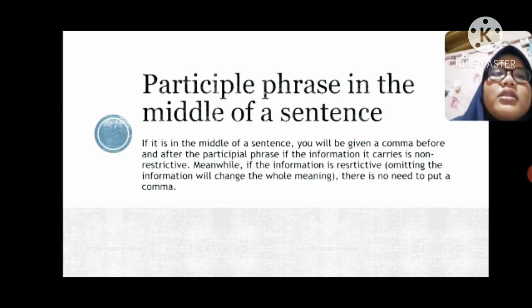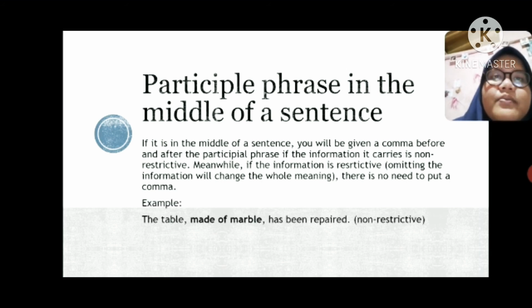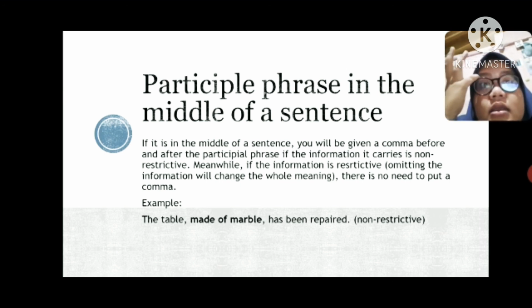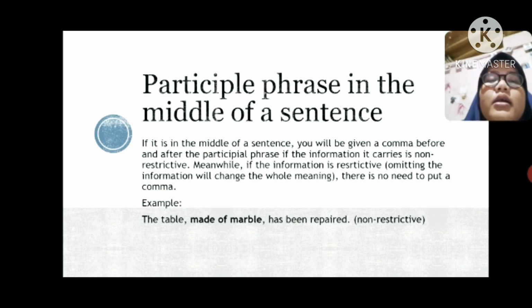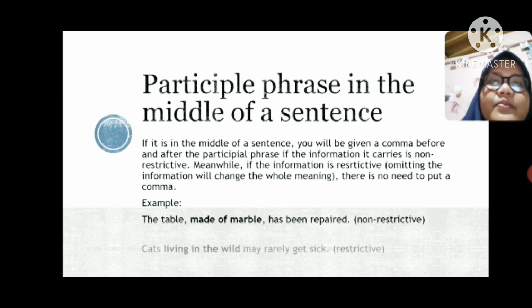There is no need to put a comma. Example: The table, made of marble, has been repaired. The sentence includes non-restrictive information. Made in the sentence is a participle. Made of marble in the sentence is a participle phrase.